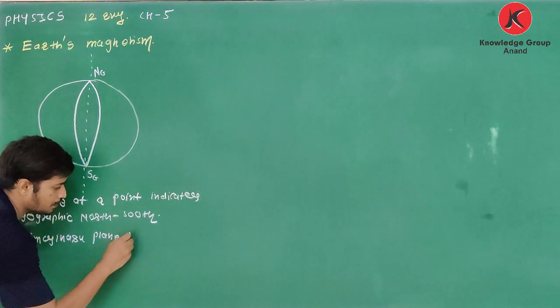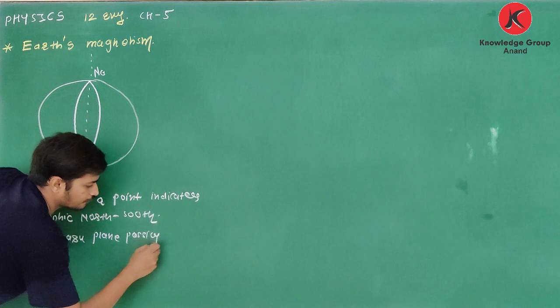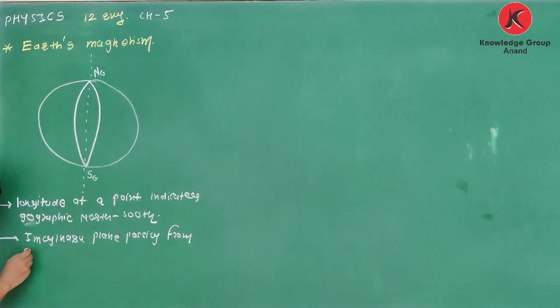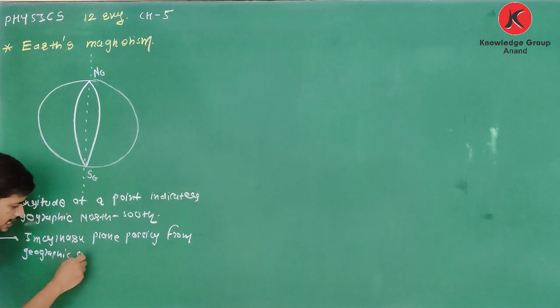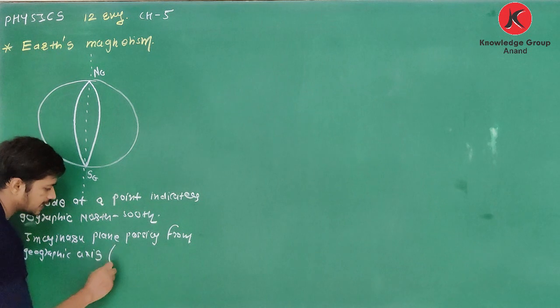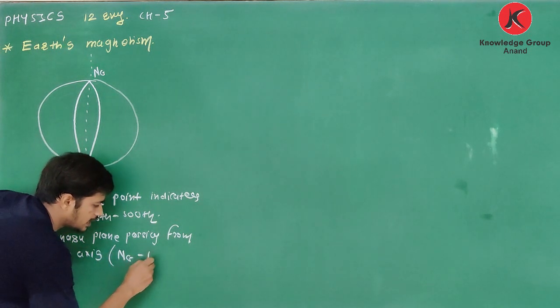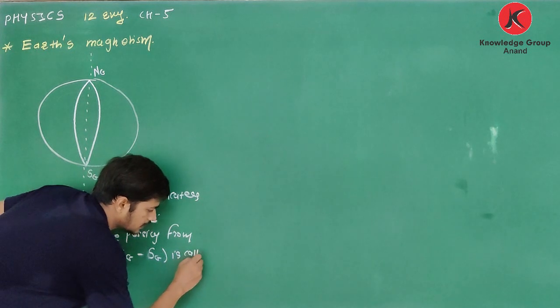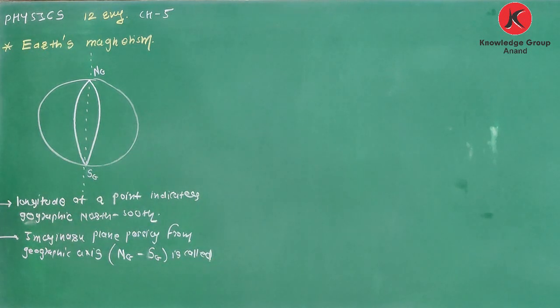One imaginary plane passing through the geographic axis, or we can say geographic north and geographic south, is called the geographic meridian.